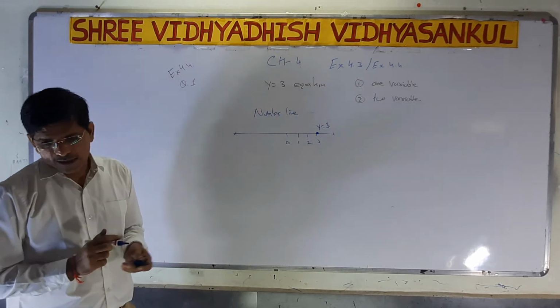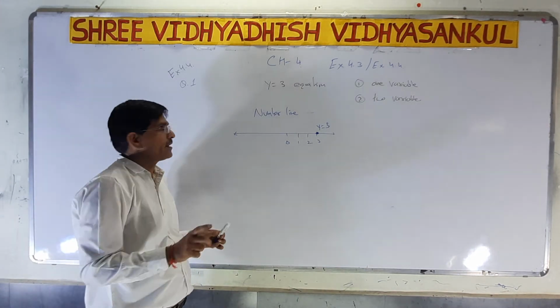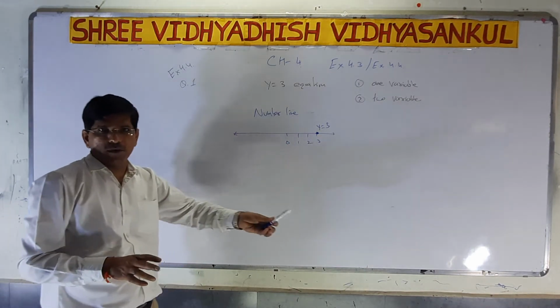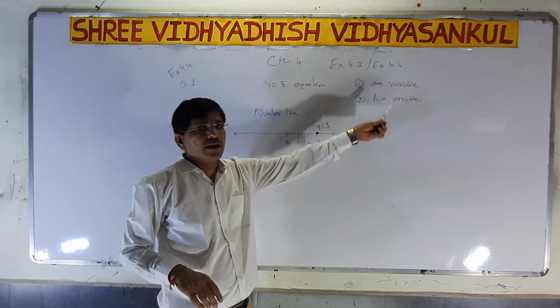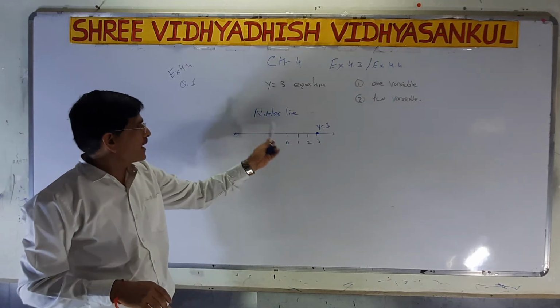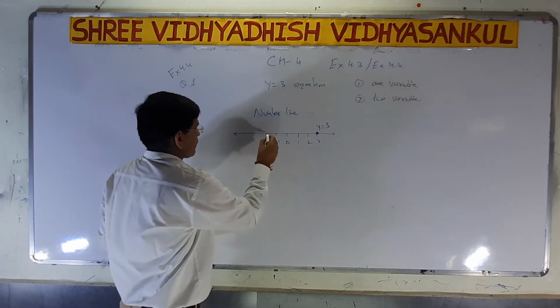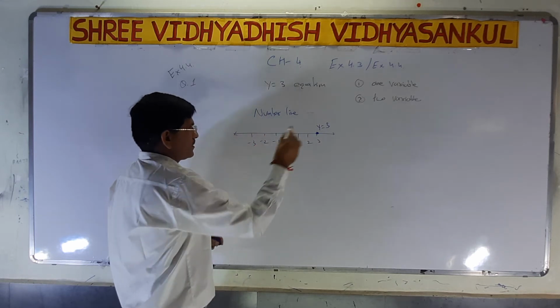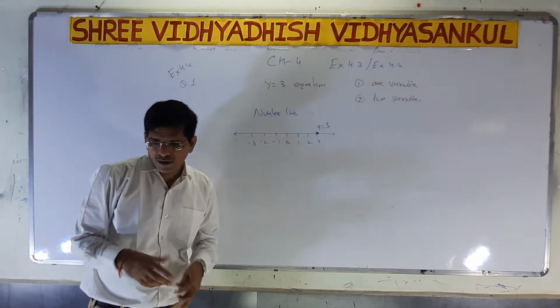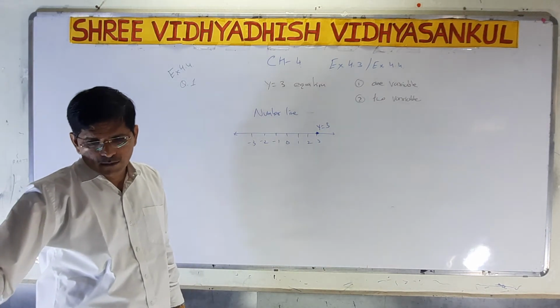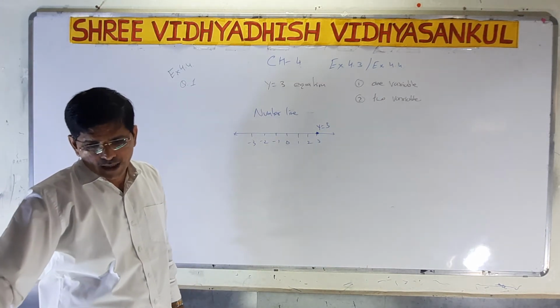Y is equal to 3 question is the geometric representation in one variable and two variable. When one variable is there, just write directly number line 0, 1, 2, 3. Here you have to write -1, -2 and -3. Just put y is equal to 3. So it is easy just because it is in one variable.